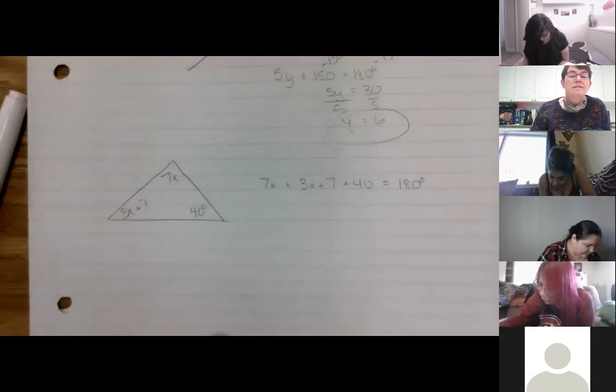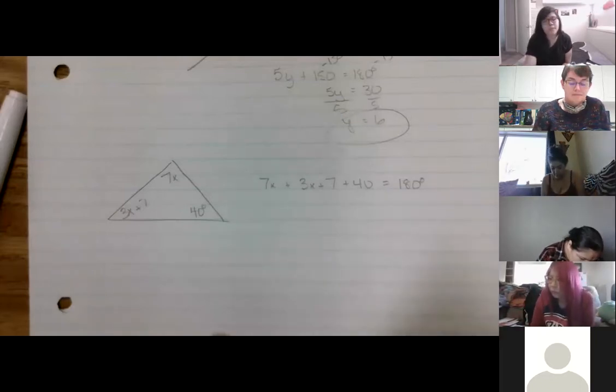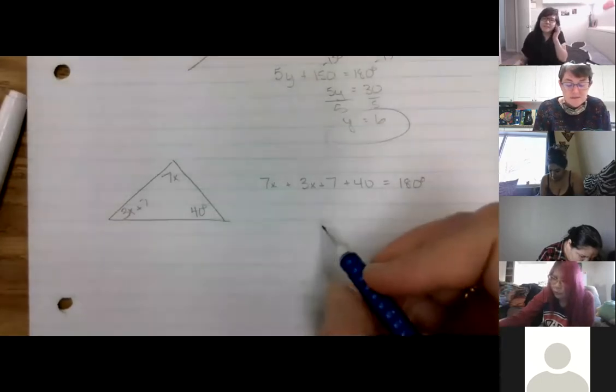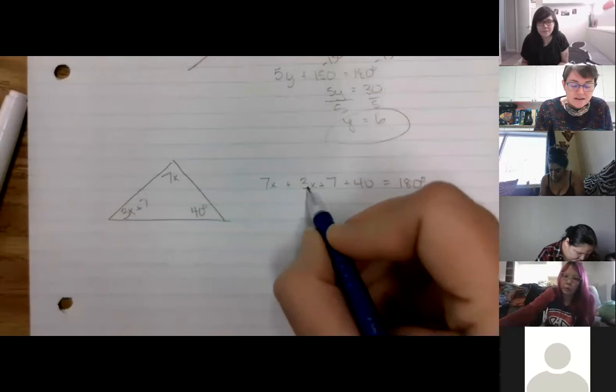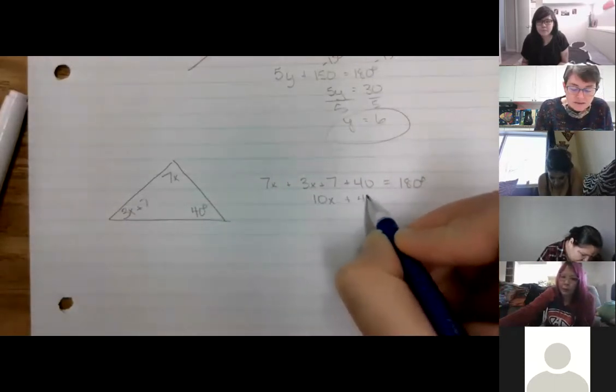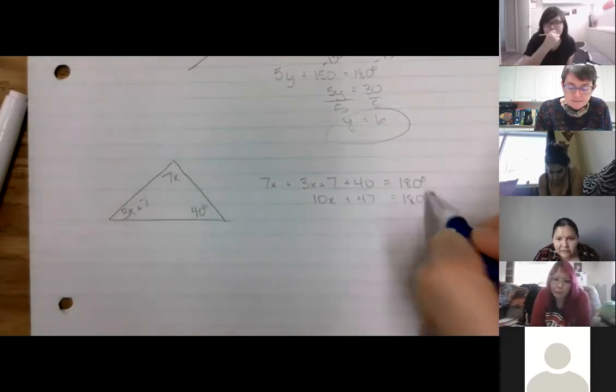Harmony, what did you get? I got 14. Okay, maybe it did work out better than I thought. So 7x and 3x is going to be 10x plus 47. I'm going to put these two together is 180.